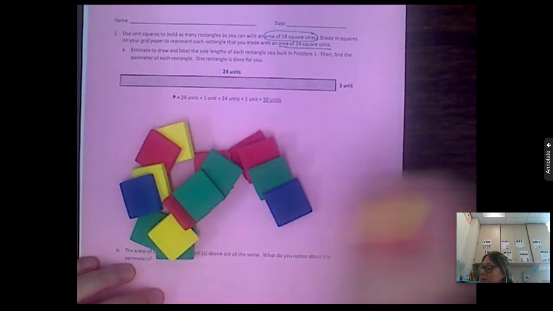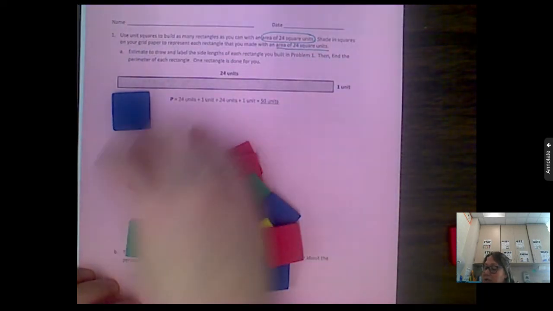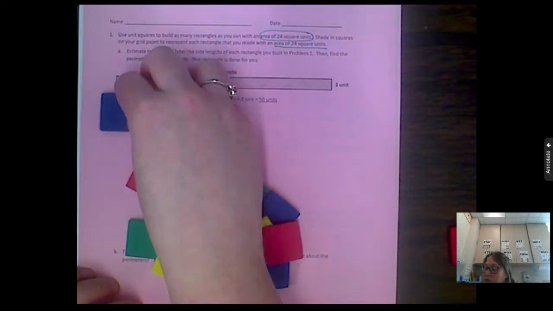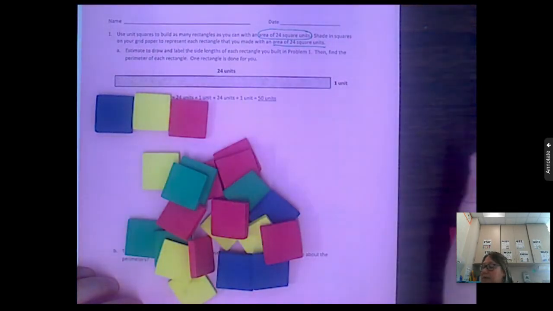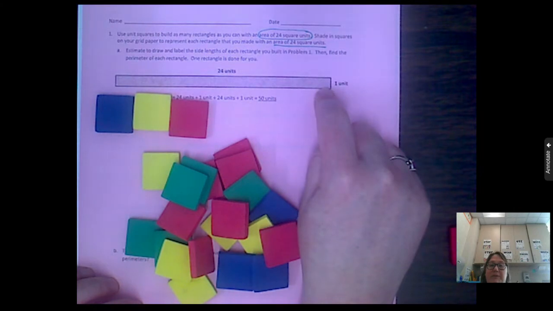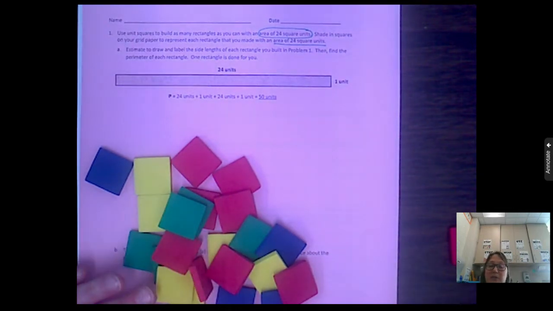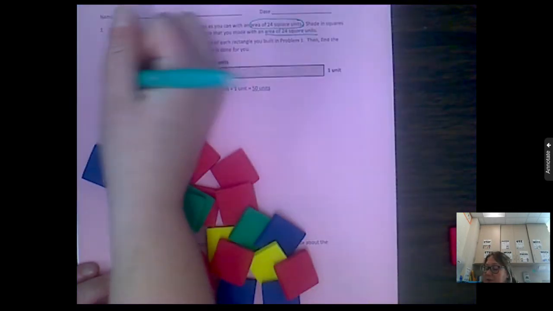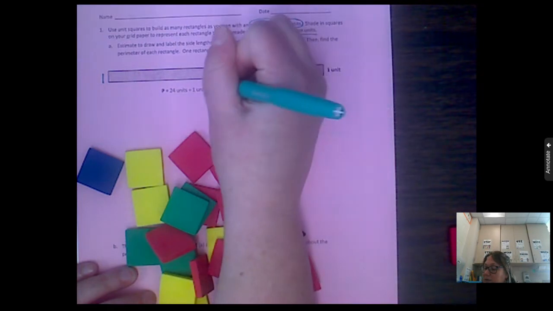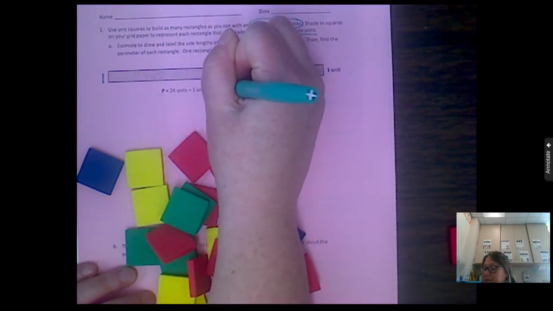They did one already for us, and that would be if they made one big long row of 24. So if you were to take all 24 of your squares and make one big long row, that's what they made right there. It has 1 labeled on the side, and there's 24 across the top. When we find perimeter, we're looking at all four sides, right? So I would put the 1 there as well, and the 24 there as well.